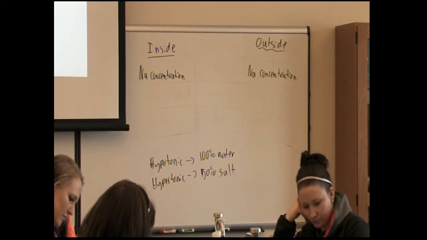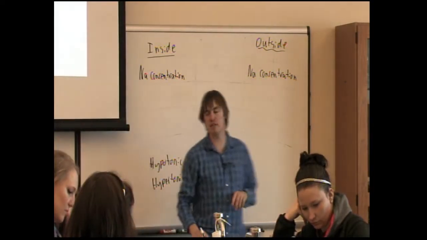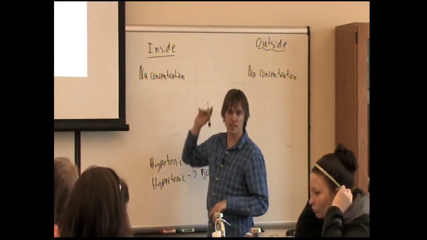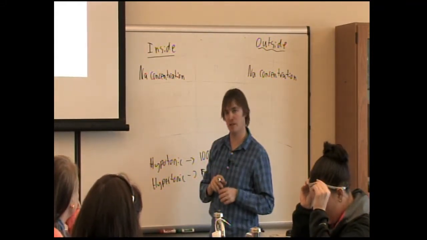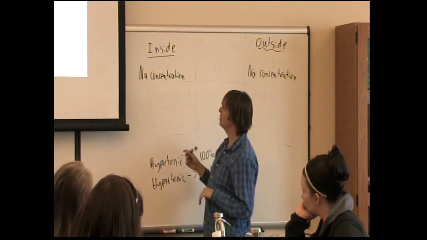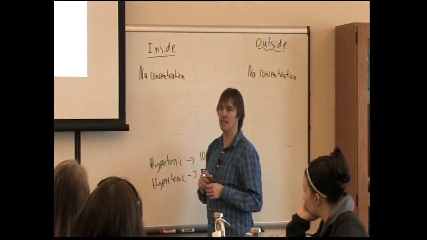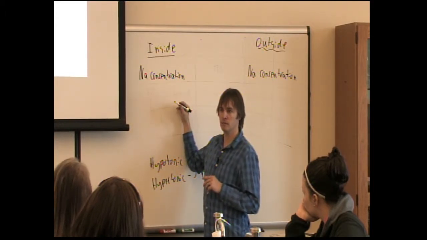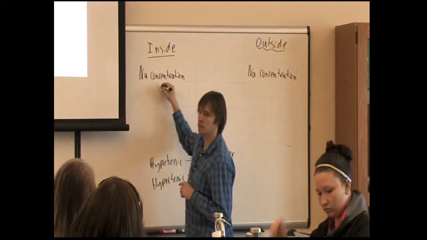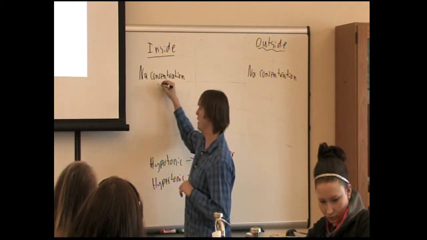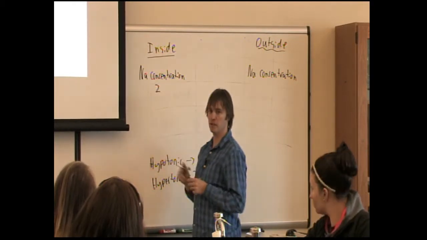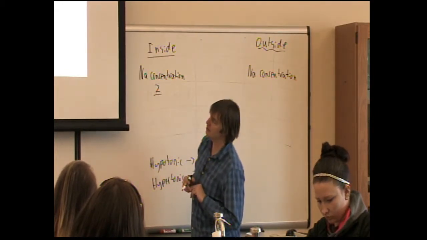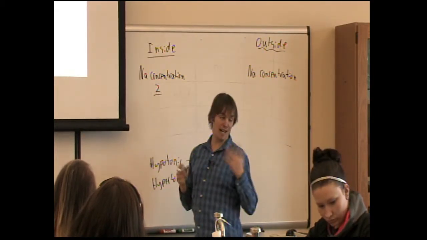All right, so let's go ahead and show you how to do this one. The first step is to find out the concentration of the solute in both places. So how would you figure out inside the cell? Concentration of sodium. You could pair up the water molecule with the salt, or you could just do it 2 over the total.